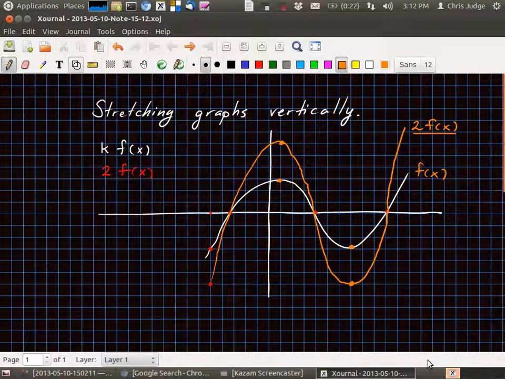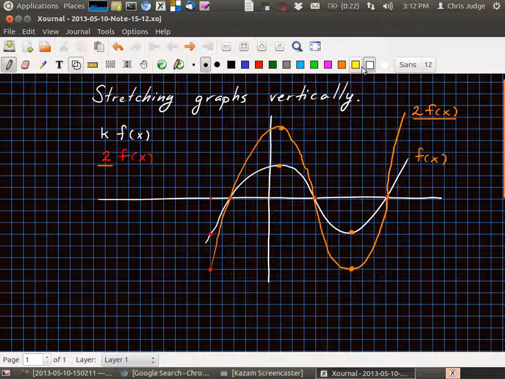Now, that's if the number 2, in this case, or the number k is positive. So this is what happens when k is positive. We can, in fact, write this down.